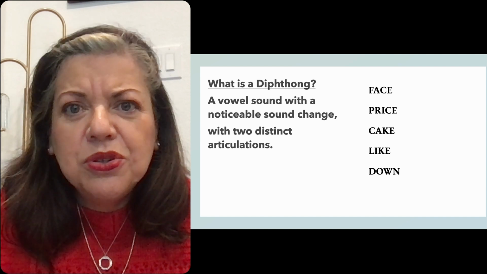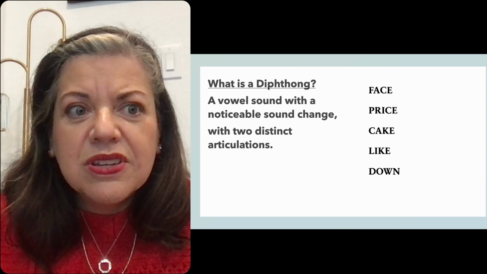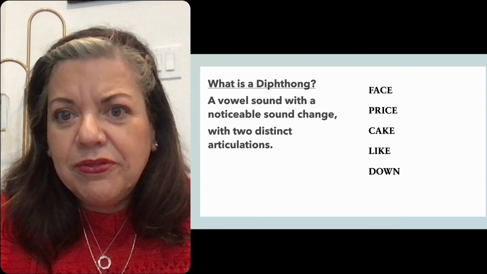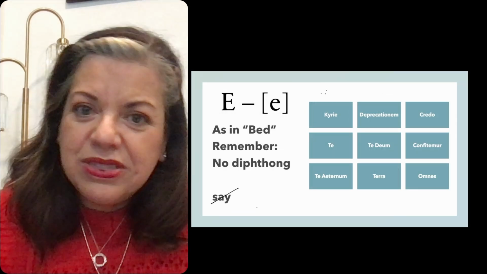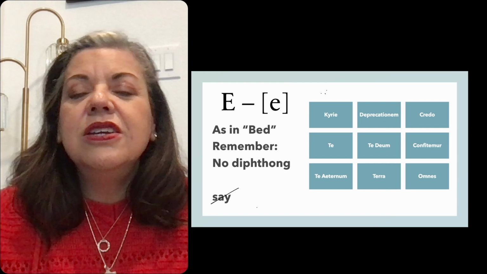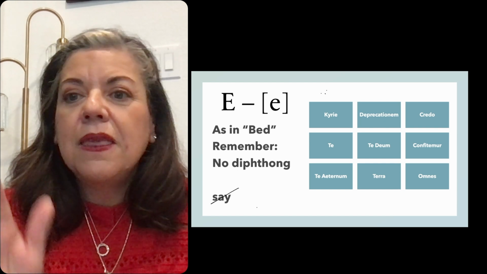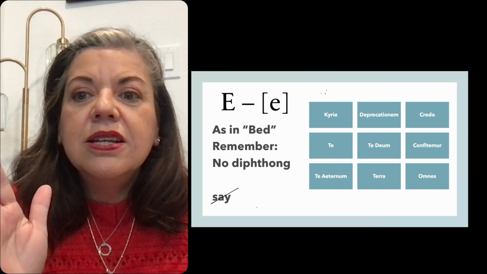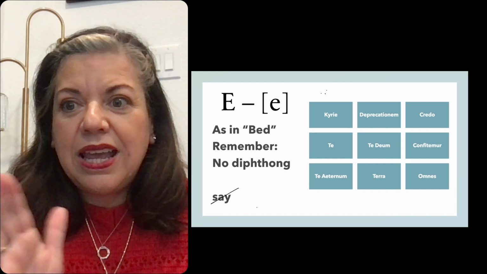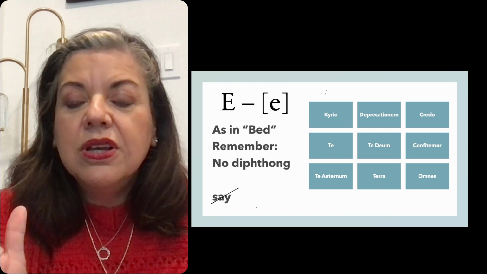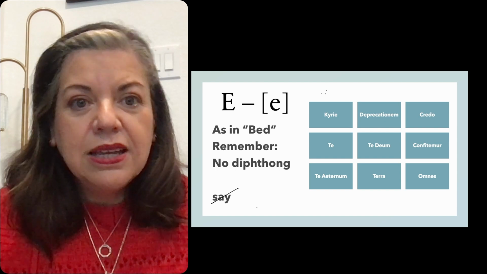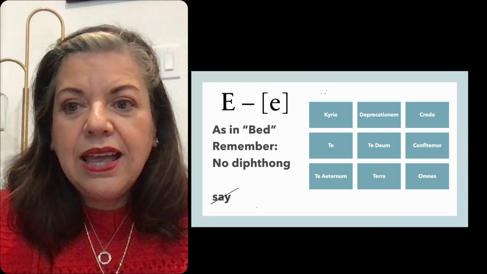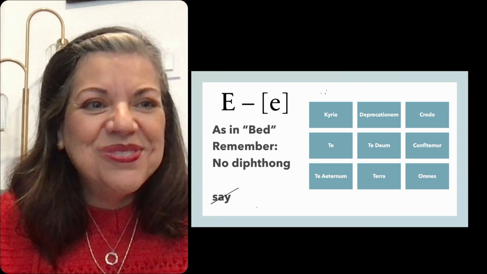When you have those 2 distinct sounds, that's what we call diphthongs. Especially with the E vowel sound, you don't want to add a glide to te Deum or credo. It's credo, deprecationem, Kyrie, te. All right, wonderful.